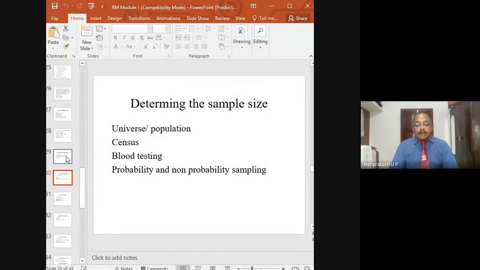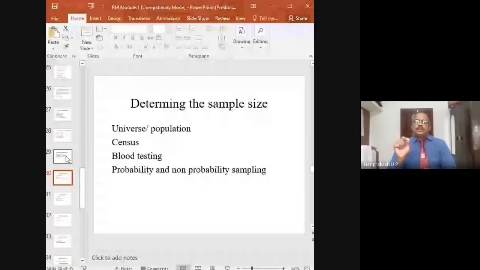How much blood will they collect? This is a small portion. They will take a syringe and take a few ml, 5 ml of blood is sufficient. So that gives you the result. So it is blood in the body. If your whole blood contains something, it will be there in that sample also. So a sample is sufficient to collect the facts about the whole population. So that's why sample size is taken.